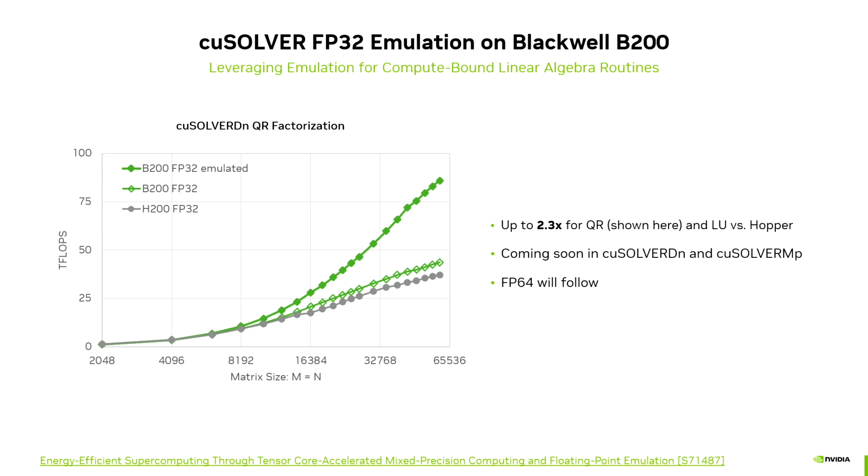Here you can see a compute-intensive operation, the QR factorization in cuSolver DN, leveraging FP32, and it can reach up to 2.3x. LU is very similar. And we are going to expose this in cuSolver DN and cuSolver MP, and then FP64 will be next.